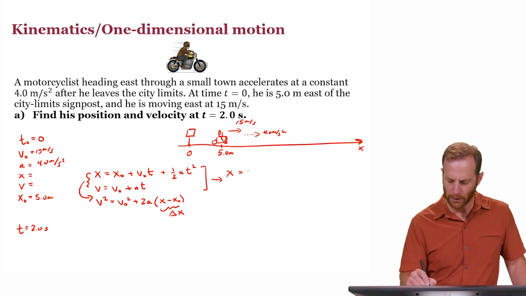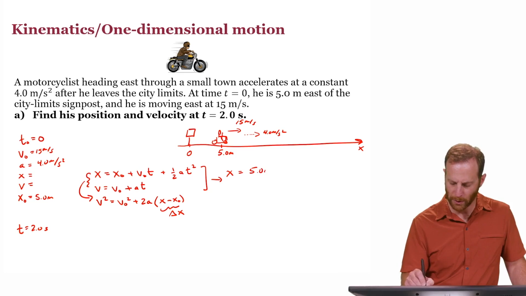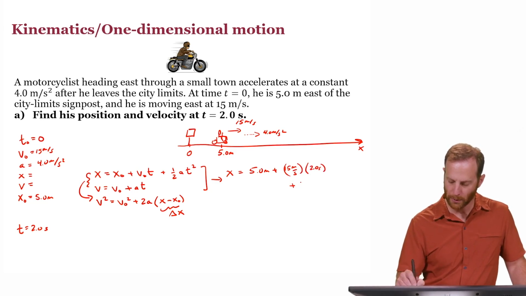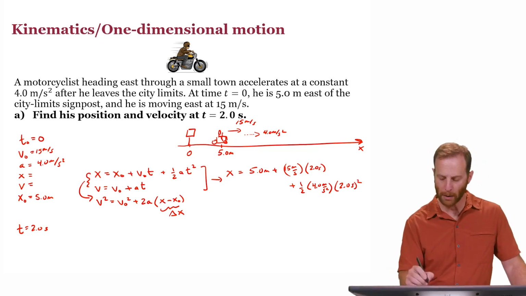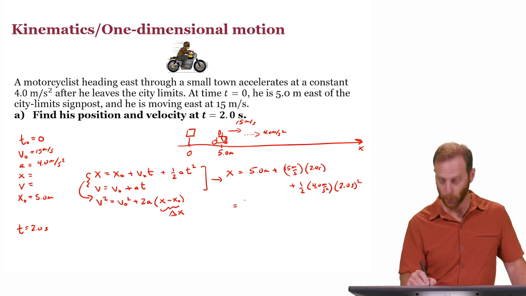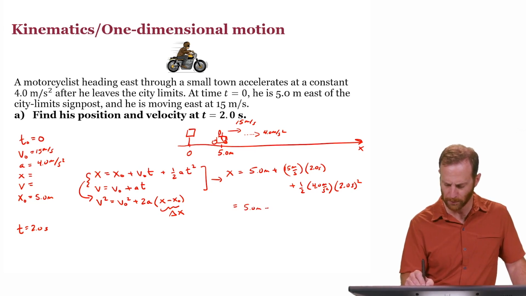The position is equal to the initial position of 5 meters, plus the initial velocity 15 meters per second times the time of 2 seconds, plus 1/2 the acceleration, 4 meters per second squared, and the time is squared. If we write out all these terms that we have, let's just make sure the units work out. 5 meters plus 30 meters over seconds times seconds.